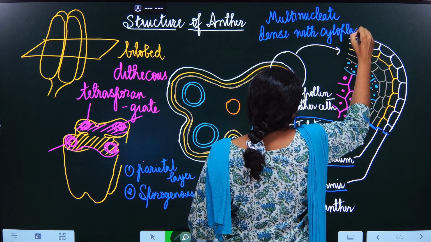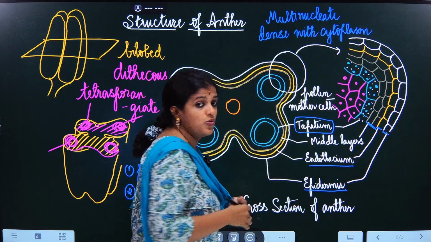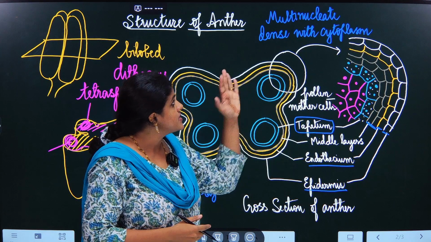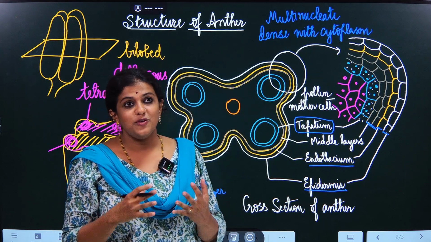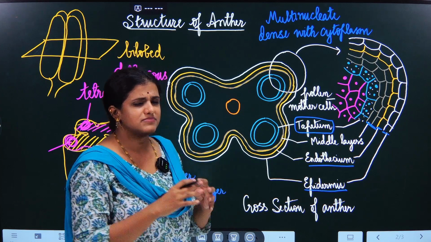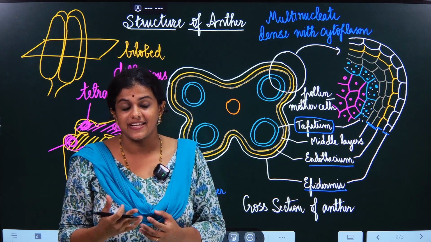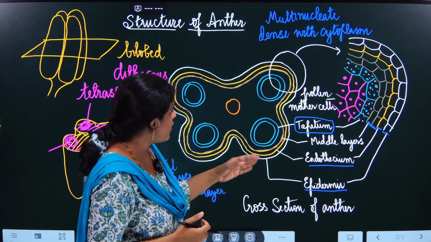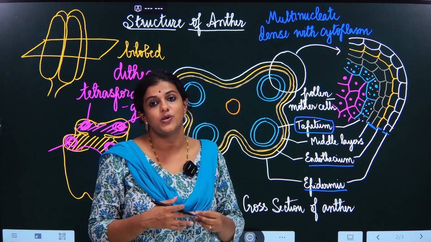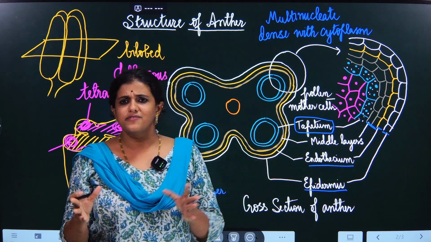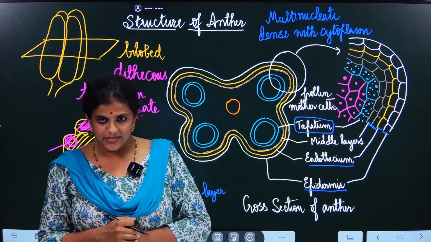What is the need of having so many nuclei in each cell, and dense cytoplasm? Because it is like a mother layer, in the sense a nursing layer, for the developing sporogenous tissues or pollen mother cells, which we will be learning about next.